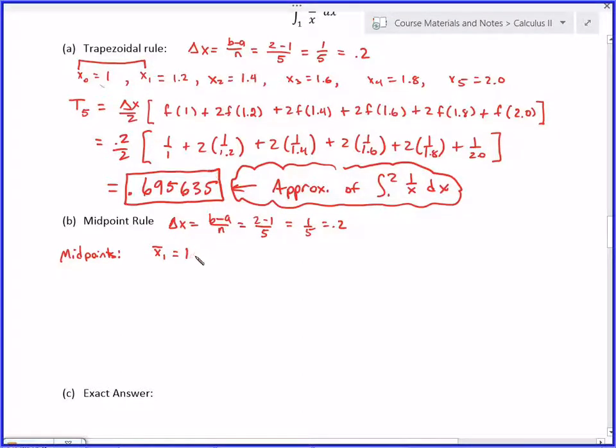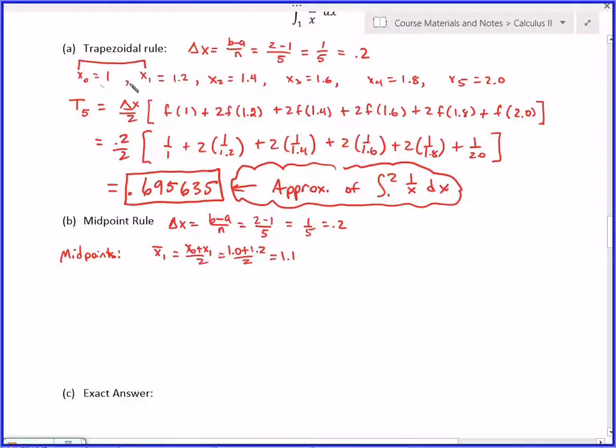I'm going to write one of these calculations in, but the rest I'm just going to write in. So this is x0 plus x1 over 2, or 1.0 plus 1.2 over 2. But you don't even have to necessarily do that. You can look at those two numbers and see what's halfway in between 1 and 1.2. So you don't have to plug into a formula as long as you can see what the midpoints are.